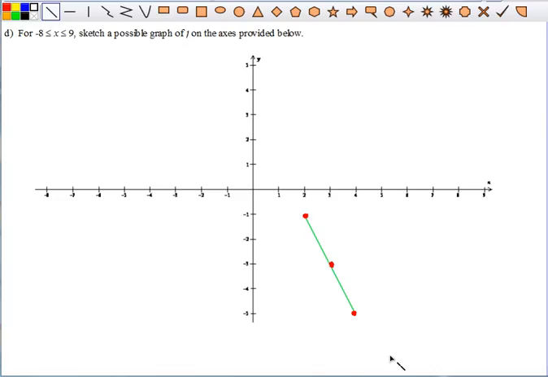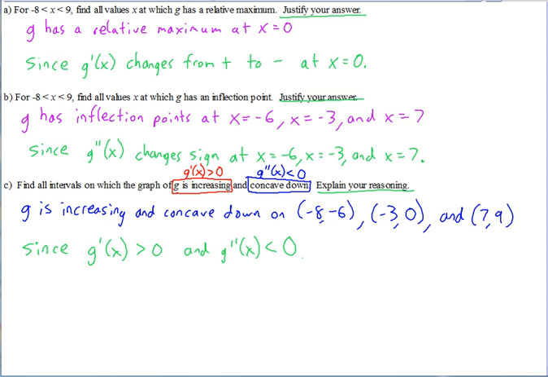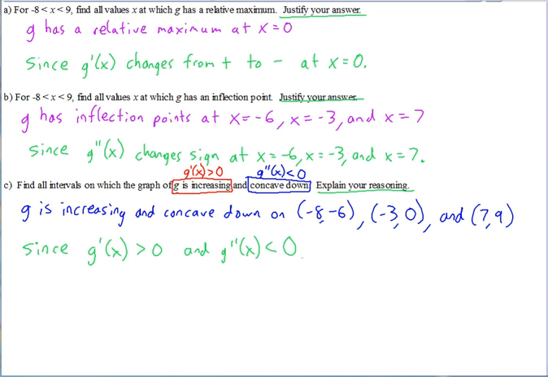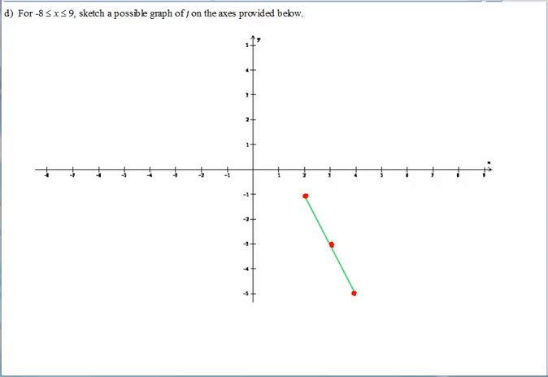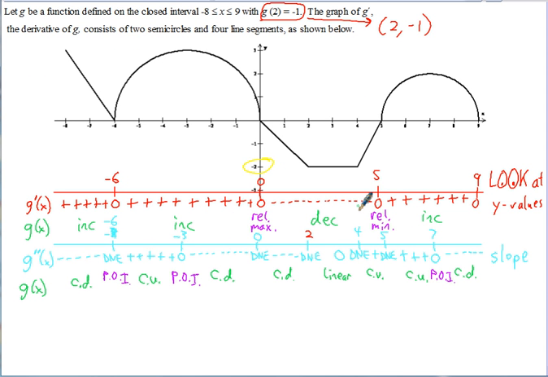Now let's look from 4 on what it looks like. Let's go back to our number line here. So from 4 to 5, for that little section, it's decreasing, concave up. And it levels off, looks like at 5. So decreasing, concave up, shaped like a cup. And we want it to be a smooth transition there at 4, I think, because the first derivative just stays negative the whole way.